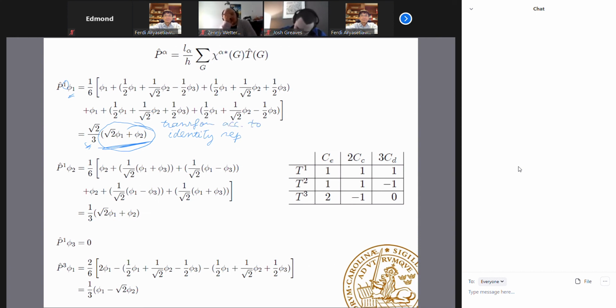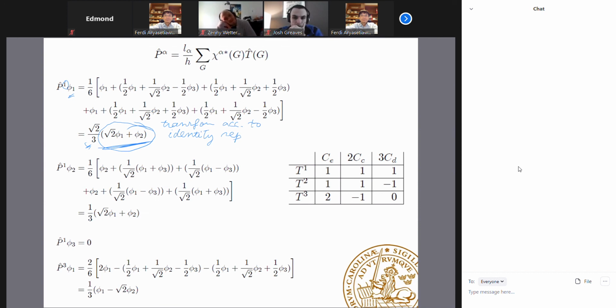So if I apply all the group operations on this function, then it'll go back to itself because it's an identity representation. You see, it's a rather powerful device, this projection operator, because it allows us to decompose the functions into the irreducible representations.